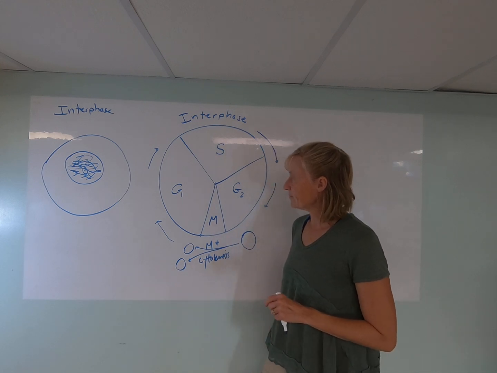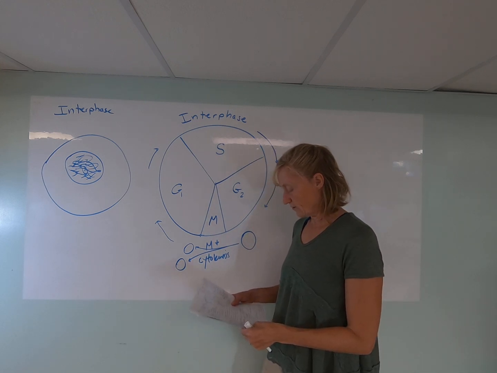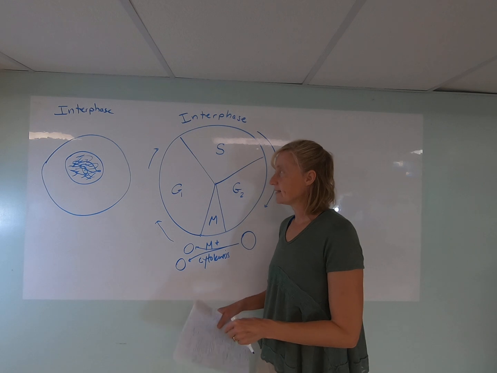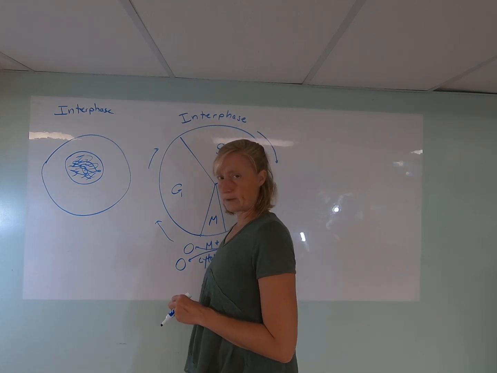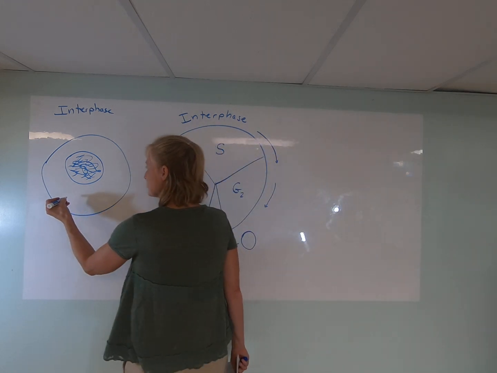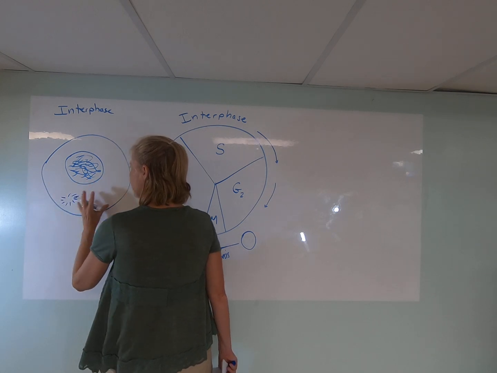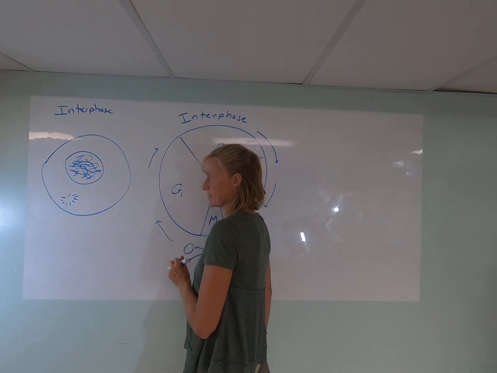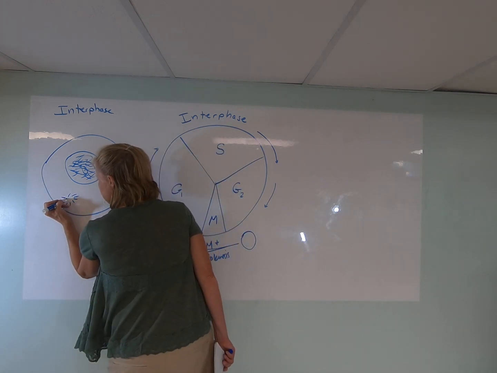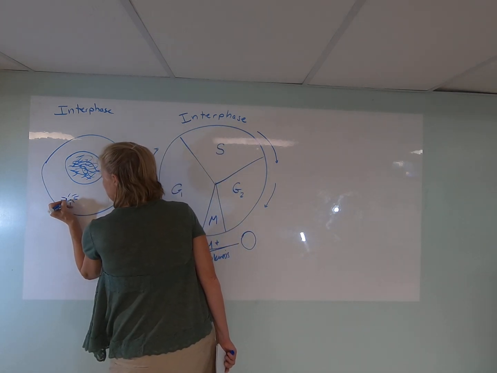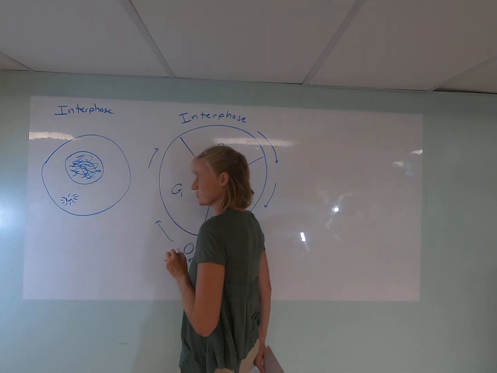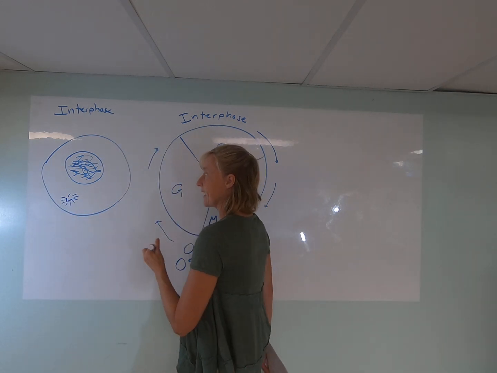One other thing that happens during this phase is the centrosome replicates. The centrosome is found in the cytosol of a cell, and it has 2 kind of interesting centrioles made up of microtubules inside of the cell if it's an animal cell.